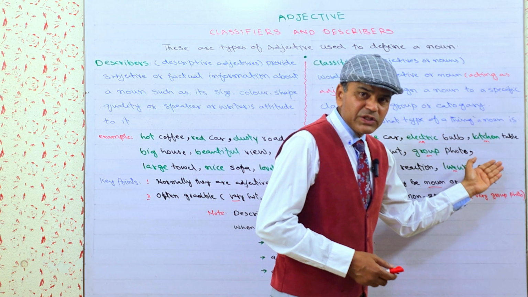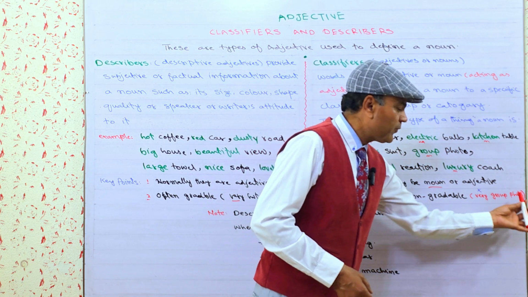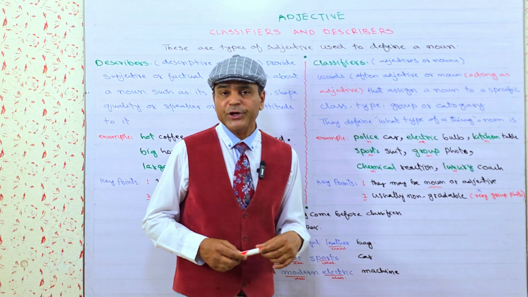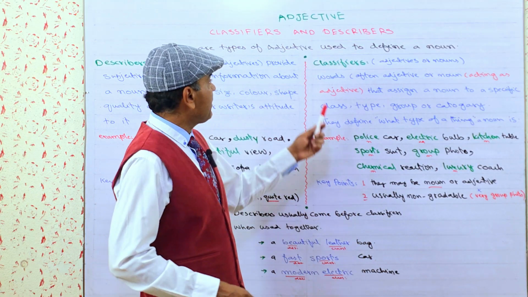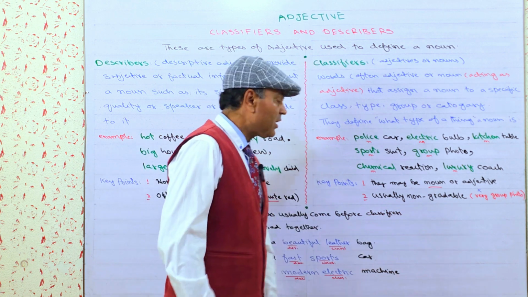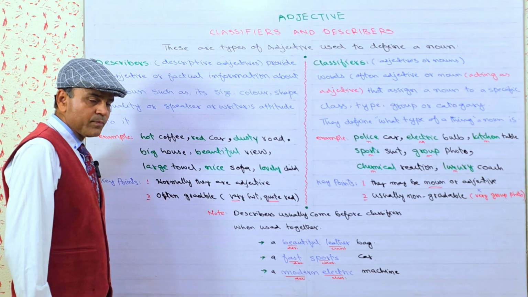Very kitchen table, incorrect. Or very group photo, incorrect. So the very important point you have to keep in your mind about the classifiers is that they are non-gradable and describers are gradable adjectives.